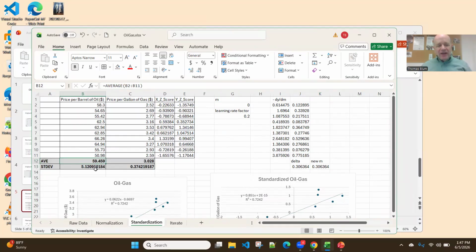I found the average and the standard deviation, and then subtracted off the average and divided by the standard deviation. If you have ever studied statistics, you know this as a z-score. So I found the z-score for the x data and the y data.